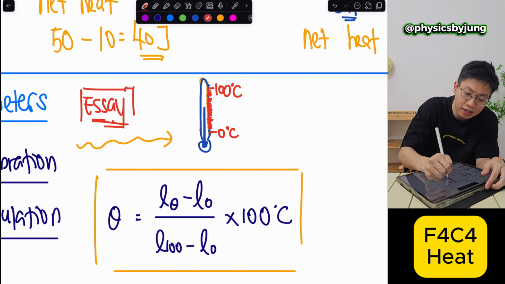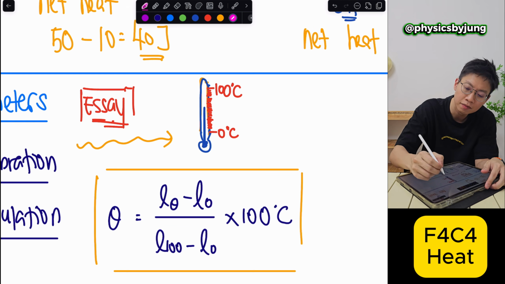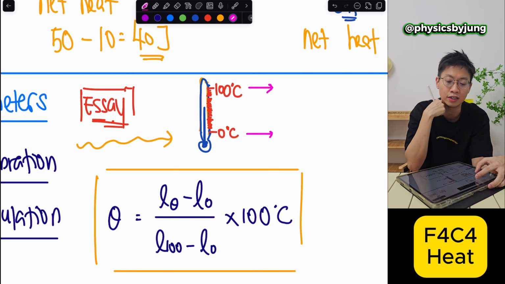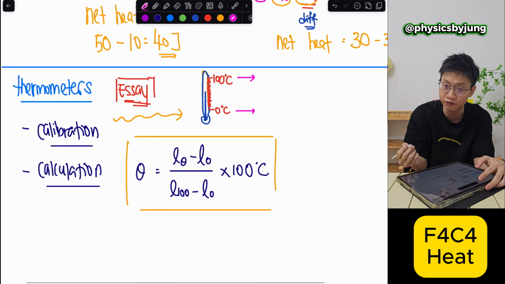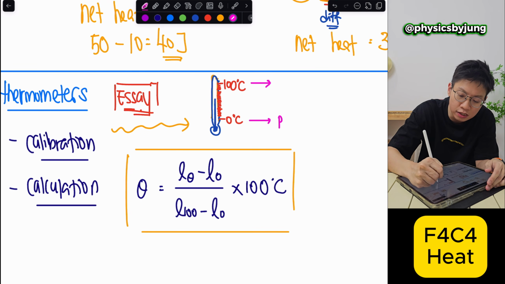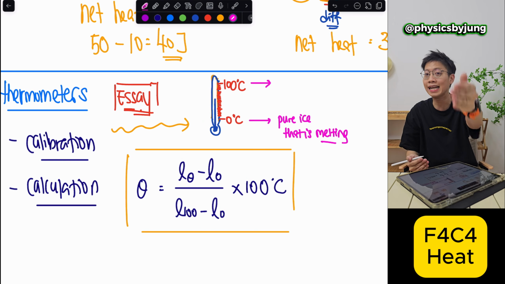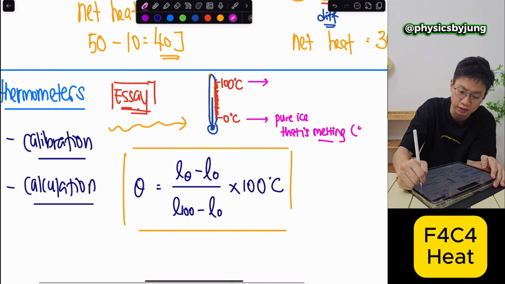So now my question is, how to find where is your 0 degrees Celsius? You use pure ice that is melting, because once it starts to melt, then that is your 0 degrees Celsius.